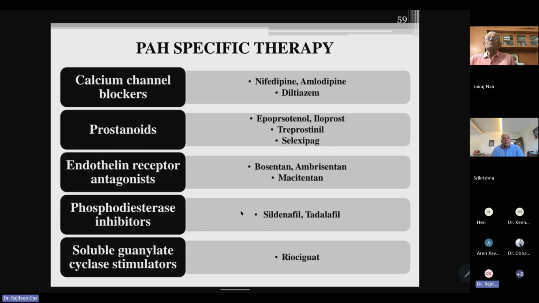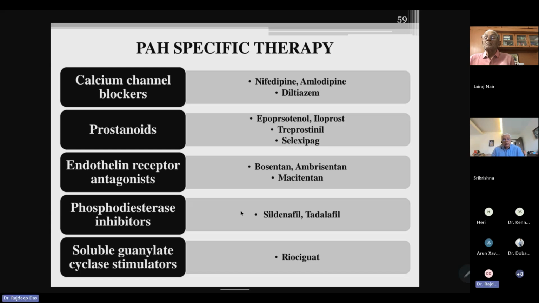Now, if we come to the PH specific therapy, there are mainly 5 groups of drugs currently in use. We can start with the calcium channel blockers, which are nifedipine, amlodipine, and diltiazem. We can switch to next level drugs like prostanoids, which are epoprostenol, iloprost, and treprostinil.